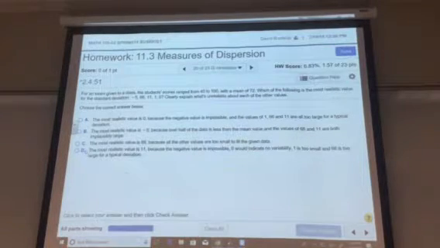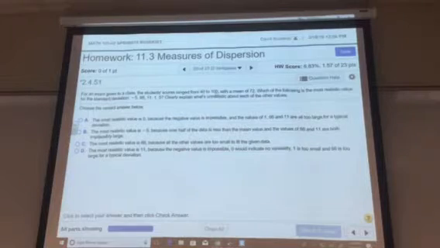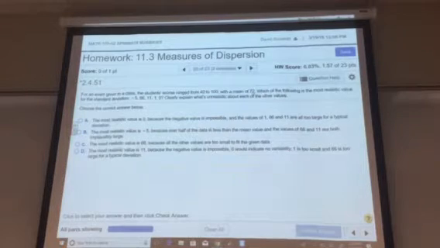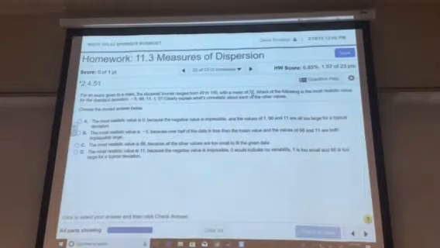Similar question. Range of values 40 to 100, with a mean at 72. Which is the most realistic value for standard deviation? Which 2 do you throw away immediately? Which 3 do you throw away immediately? -5, 0, and 1.